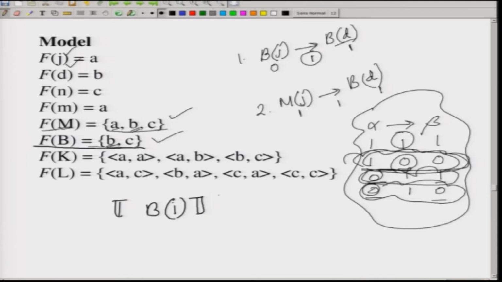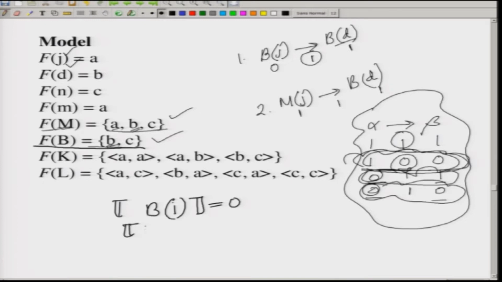B j is actually 0. Why is it 0? Because j is actually a, and B does not apply to a.